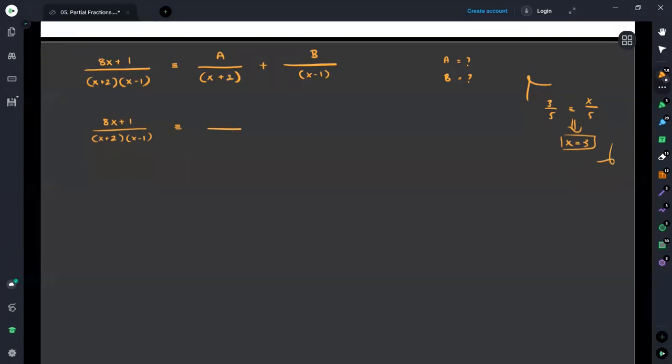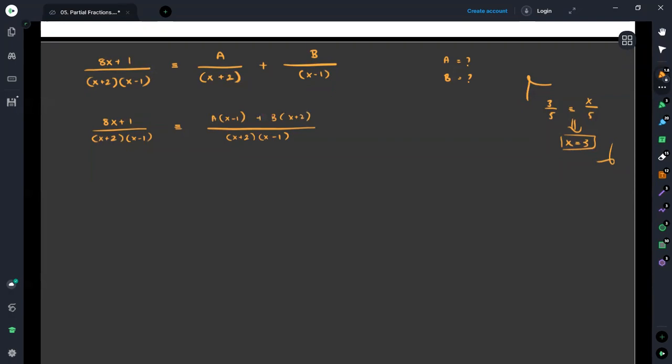Then I am taking the common denominator of x plus 2 and x minus 1. Here I am getting x plus 2 and here x minus 1. Now the addition of these two fractions gives a into x minus 1 plus b into x plus 2.